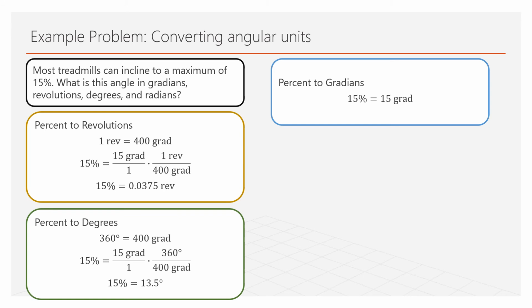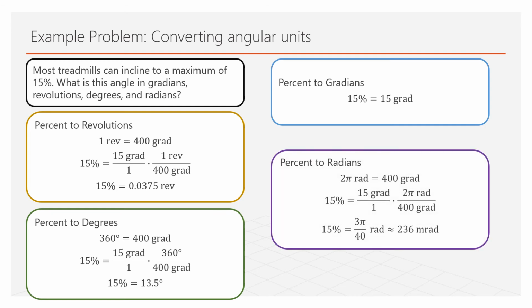You can convert gradians to degrees. You recognize that a full turn is 360 degrees, which is also equal to 400 gradians. So 15% incline equals 15 gradians times 360 degrees divided by 400 gradians, which is equal to 13.5 degrees.